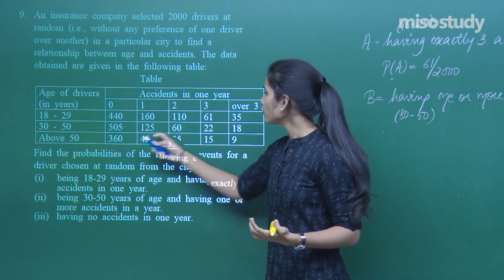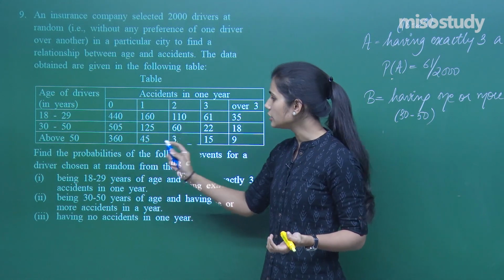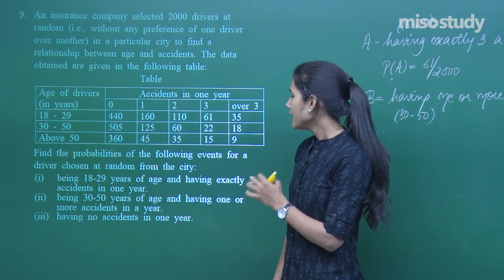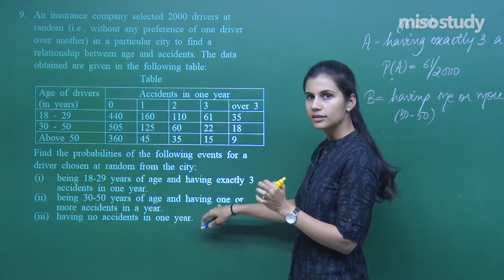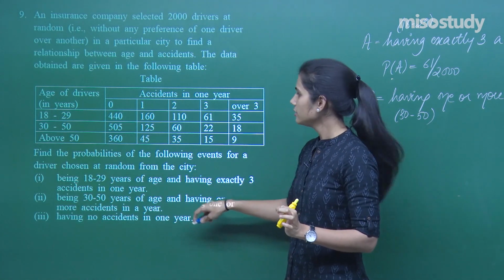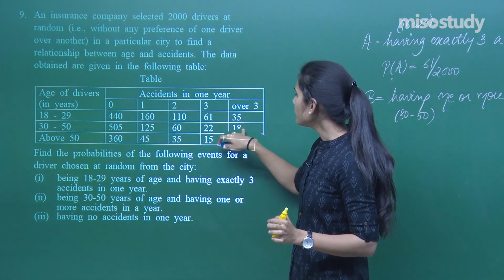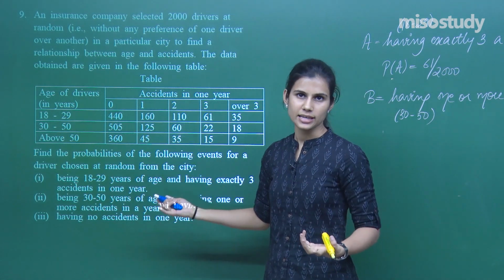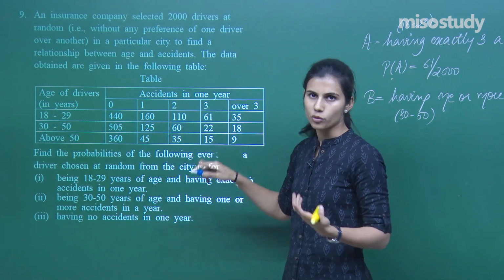It is these many drivers, 125 plus 60 plus 22 plus 18, which are in the age group of 30 to 50 and they have at least 1 accident in a year. 125 have exactly 1 accident and 60 plus 22 plus 18 have more than 1, because 60 have 2 accidents, 22 have 3 and 18 have over 3.